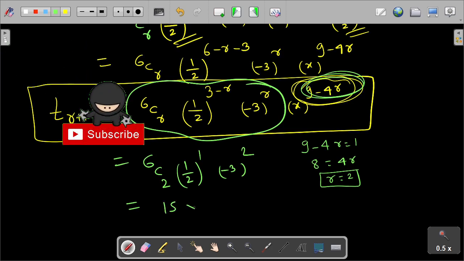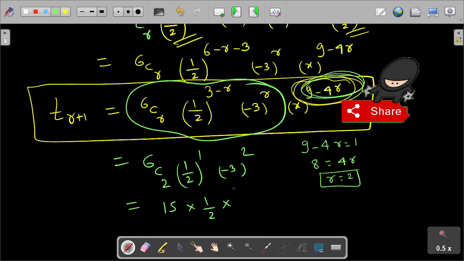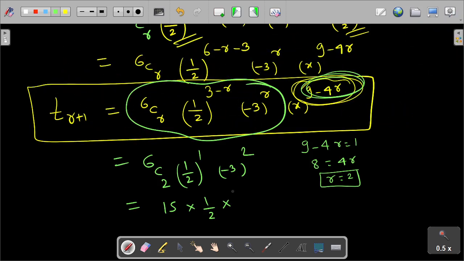So this is 15 into 1/2, and this is (-3) square. (-3) square is what? 9. So please check the answer. 15 times 9, that is 135. 67.5, yeah. So please check the answer.